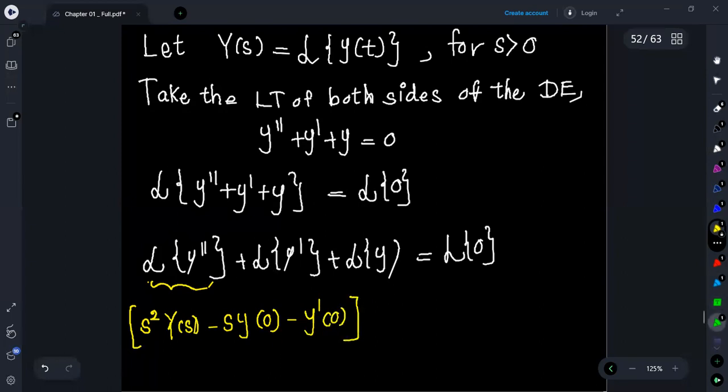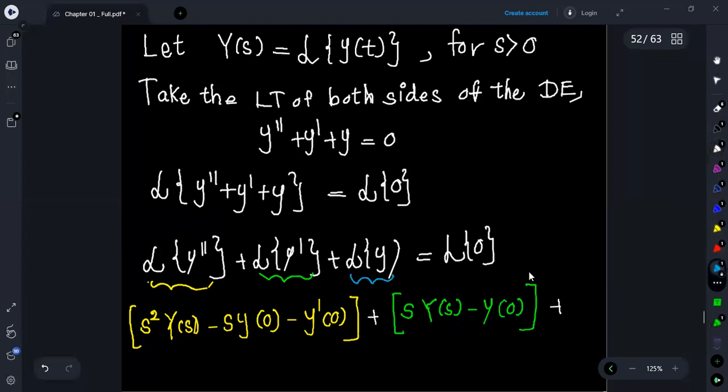Then we write the plus sign as it is. The Laplace transform of the first derivative is s times capital Y of s minus y0. Then again plus the Laplace transform of y.